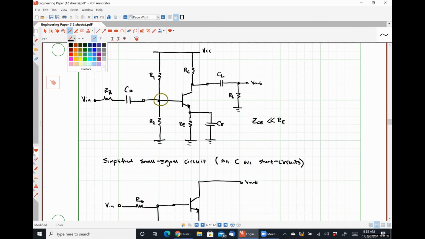Let me throw a circle around this node. For our small signal model, the resistance RC is between that node I've circled in blue and ground, because VCC is 0 volts, and the resistance RL is between that node I've circled in blue and ground. So that means those two resistors are simply in parallel with each other.